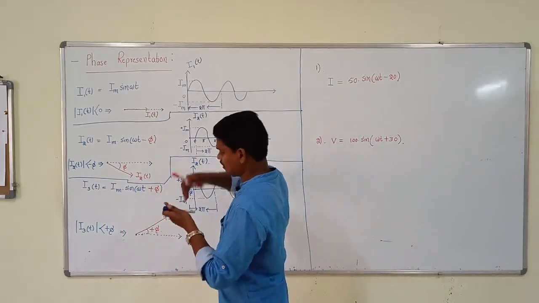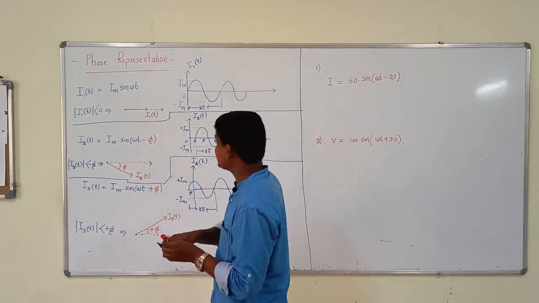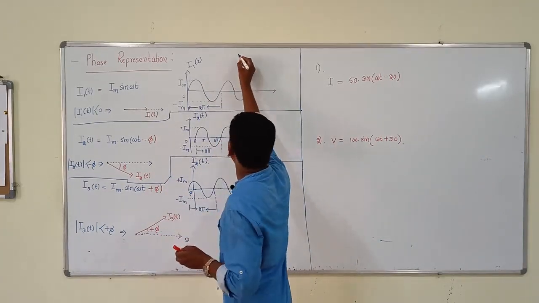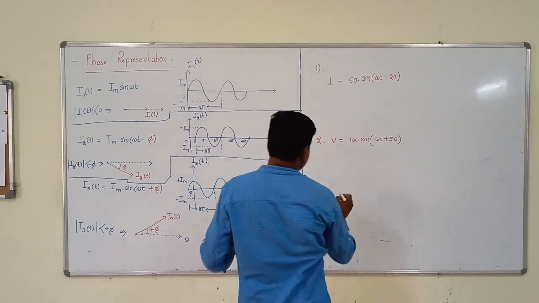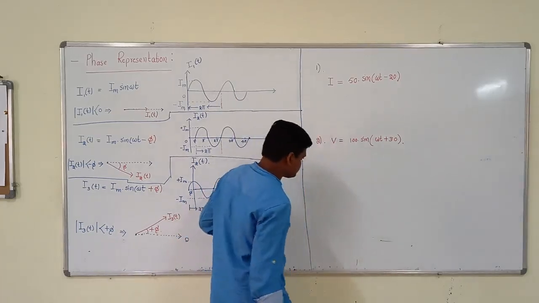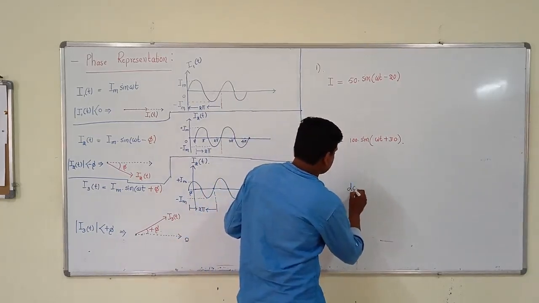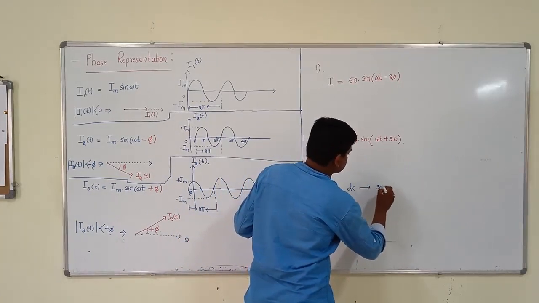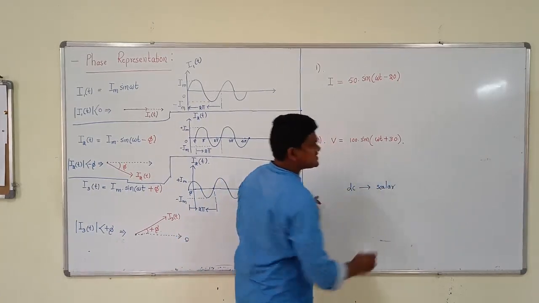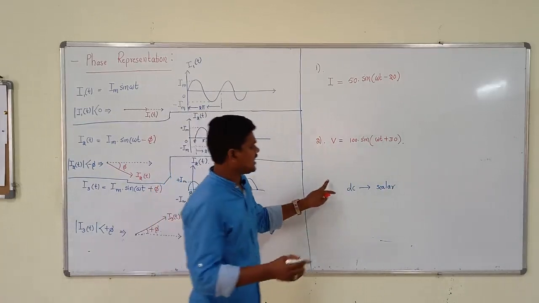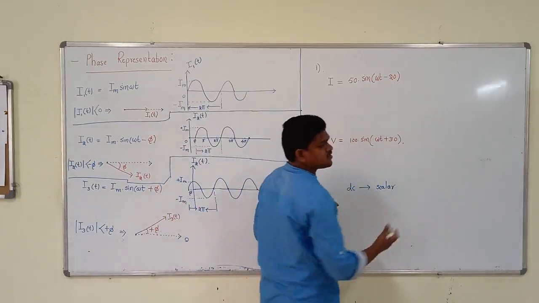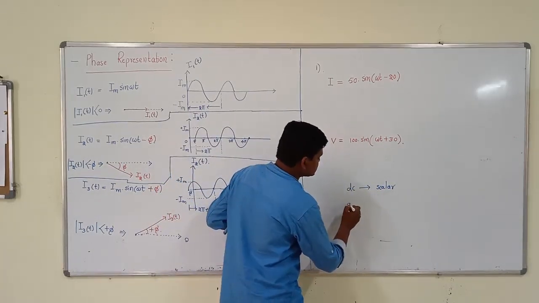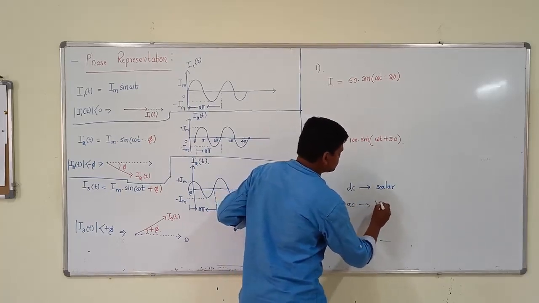First thing you have to remember, DC supply is a scalar actually. Scalar means it doesn't have any direction, it directly has some value. But AC supply is a vector.